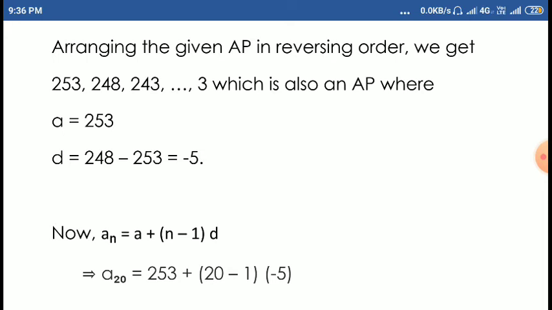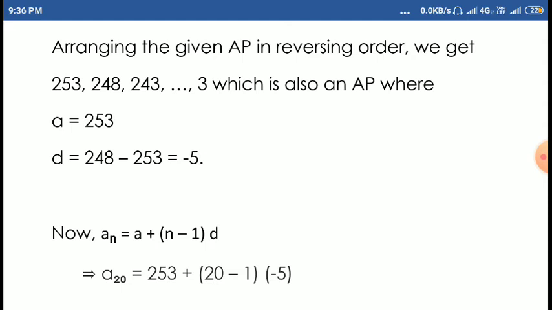But the common difference has now changed, because earlier the common difference was plus 5, but after arranging the terms in reverse order, the common difference is minus 5. Since the numbers are in decreasing order, you definitely get a negative common difference. So this is also an AP, where the first term is 253, and the common difference is 248 minus 253, that is minus 5.